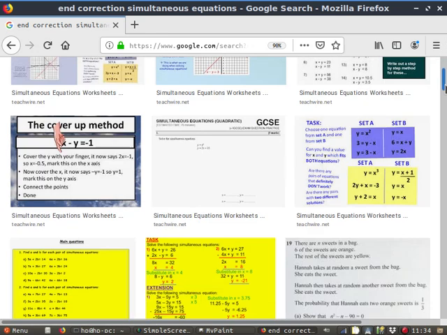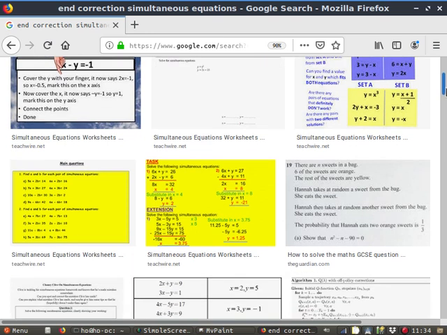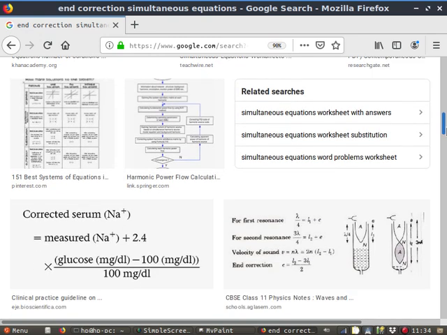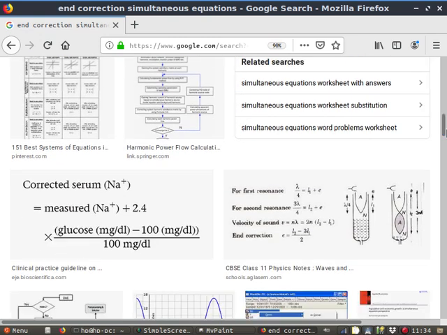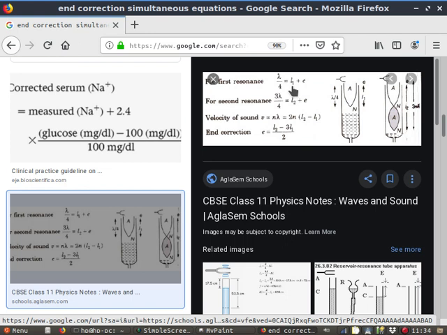Which one? On your right. Down, down, yeah. Oh yeah, well done. Here they do multiply it, do they?